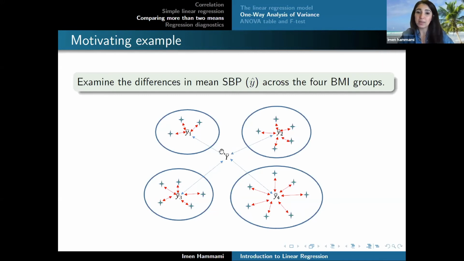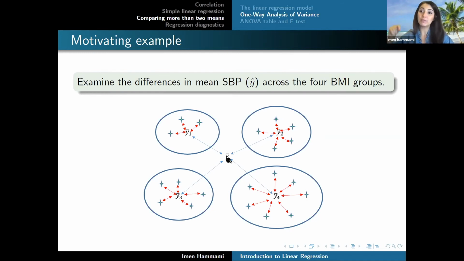Now, we talked about within group variability. The blue bars mean between group variability. I want the blue bars to be as large as possible, which means that those groups are very distinct. If they are really distinct, it means that all those means are different from the population mean, which means it's much more useful to estimate people in the same group using the mean of that group rather than using the overall mean.